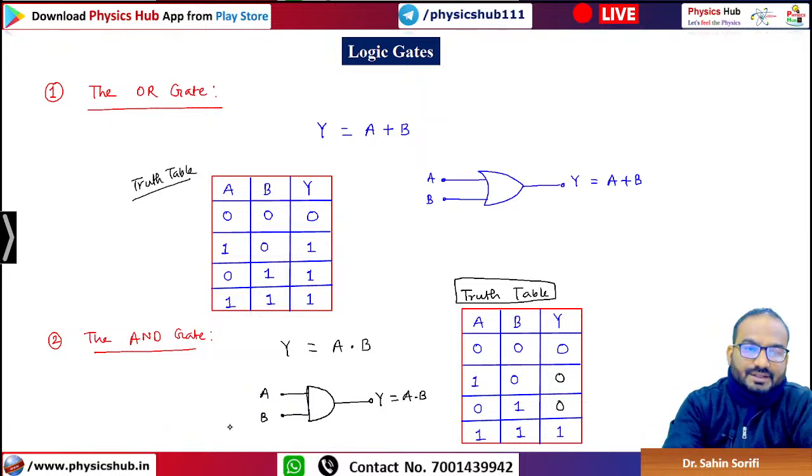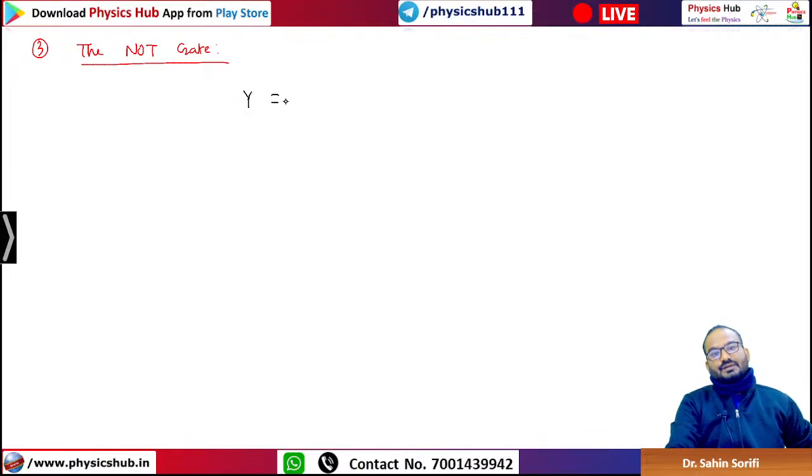The next gate is NOT gate. Here the output Y is written as A bar. So what it basically does, it inverts the input. So this does the process of inversion or complementing.